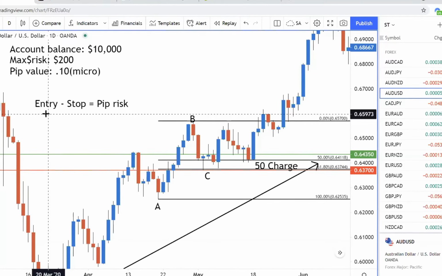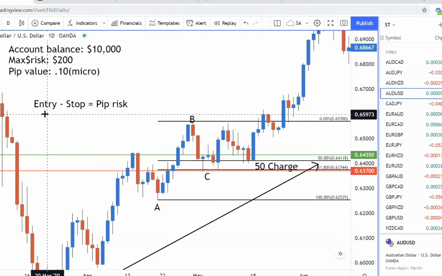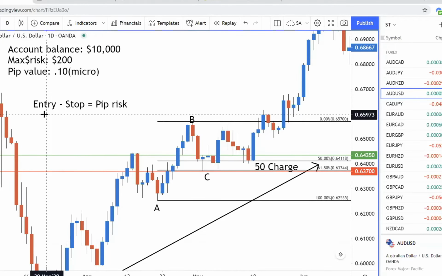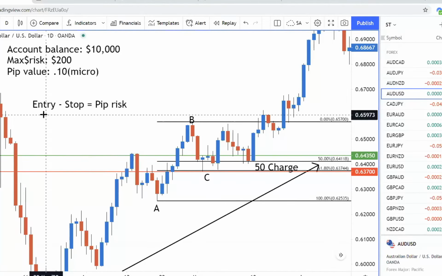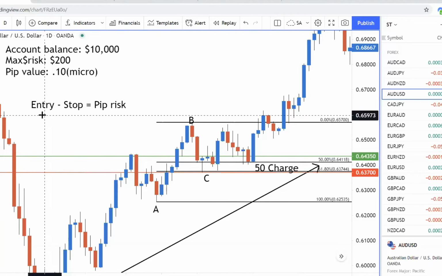So position sizing doesn't really work for the traders that just jump into a trade without any plan, without really any kind of thought about it, just hitting the buy button. You would know your entry when you hit the buy button, but if you don't know where that stop is, then you couldn't position size anyway.